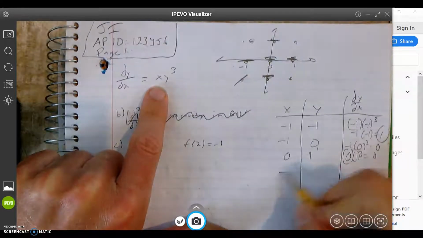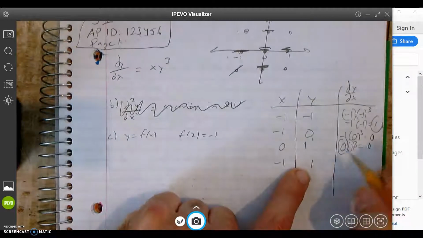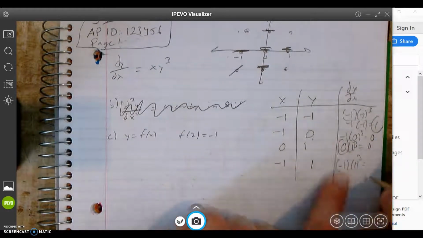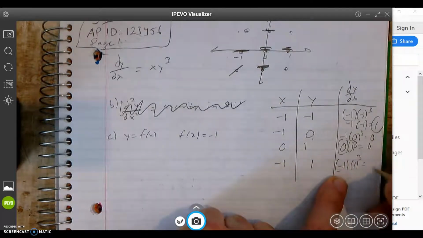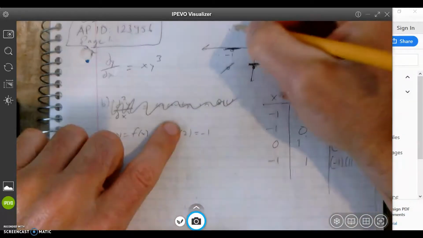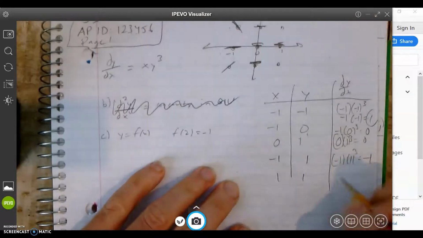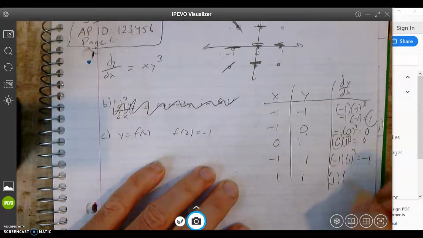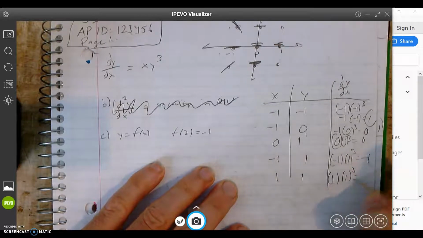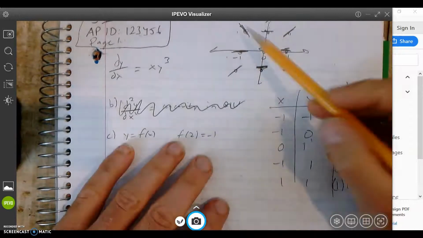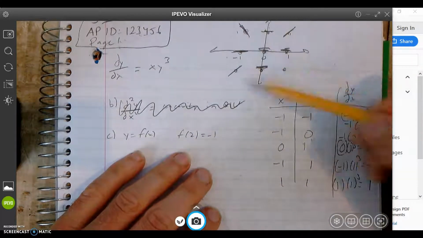Okay, what do I need to find out? -1, 1. -1, 1 is going to be -1 times 1 to the third, which is 1 times -1, which is -1. So -1 here. And 1, 1, that's 1 times 1 to the third, which is 1. You have to be very careful when you do this. If you just mess up one of these, sometimes they take off all the points.